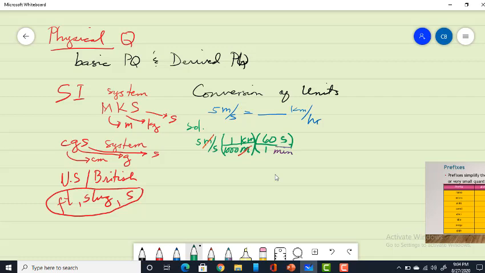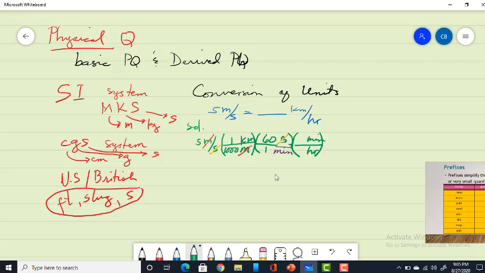Then we can now cancel second here. What we did with the meter and second canceling out, let's also apply to converting minute to hour. So we have minute and then hour.